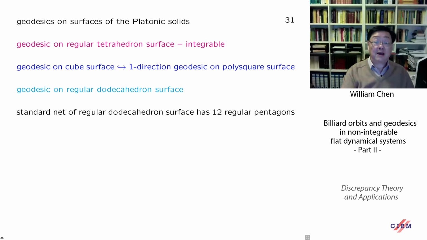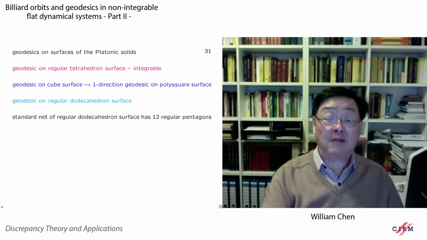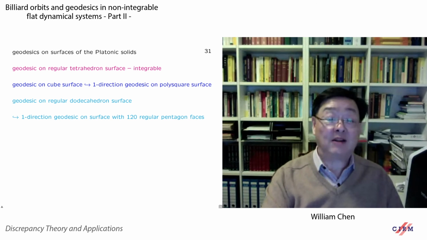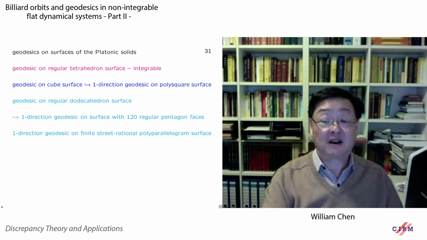And remember that if we play billiard on a regular pentagon, we end up with a one-direction geodesic in a surface that has 10 regular pentagon faces. So if we start with 12, we end up with 120. So the problem is a problem of one direction geodesic on a surface with 120 regular pentagon faces. And we can handle that too.